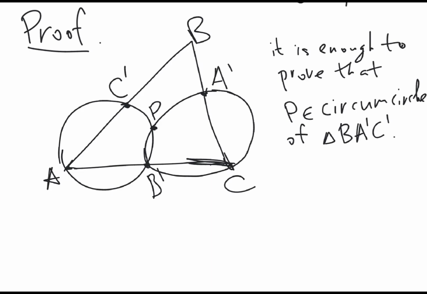If P lies on this circle, then it follows that all three circles intersect in the same point, which is the point P.